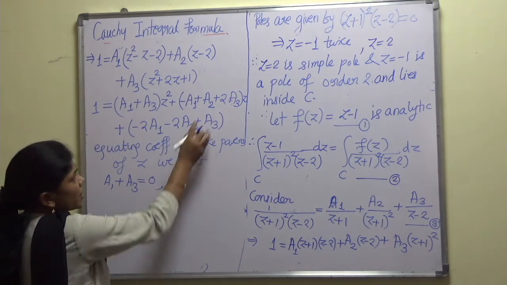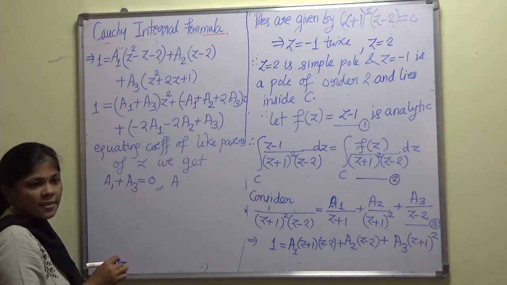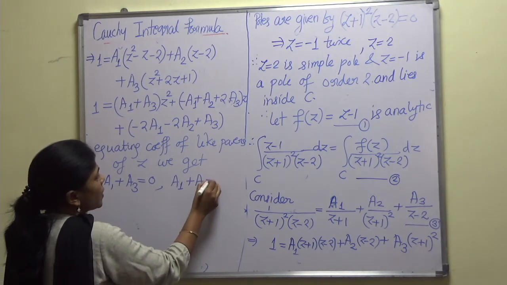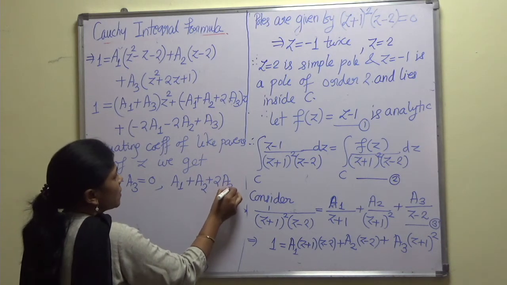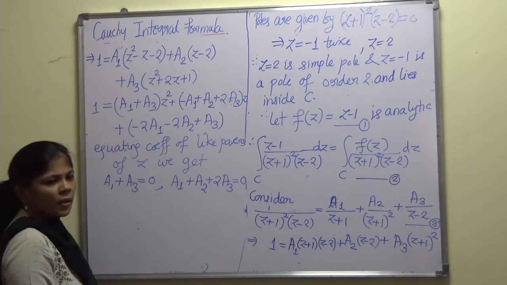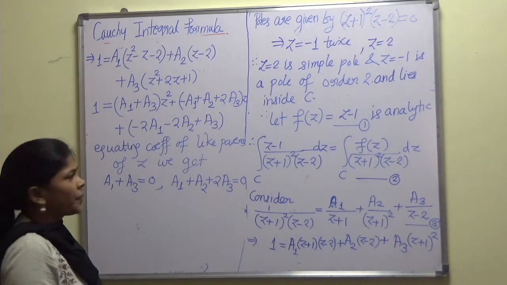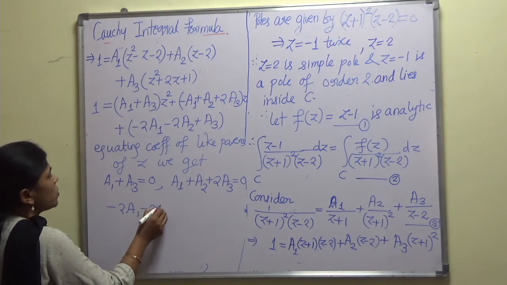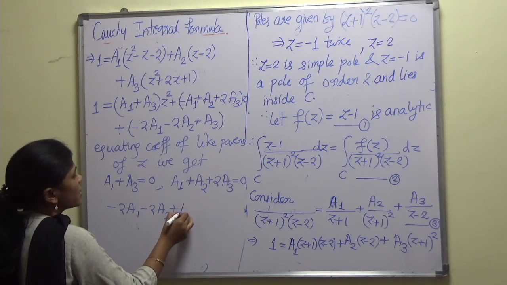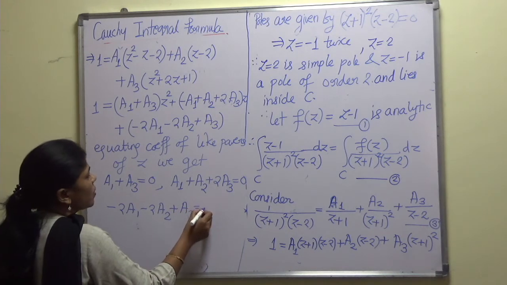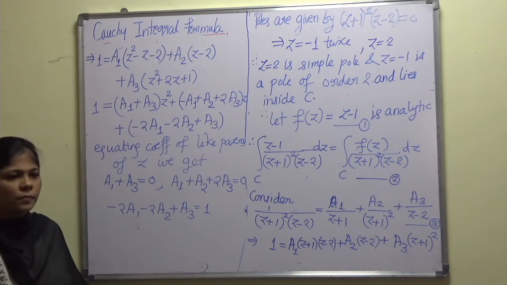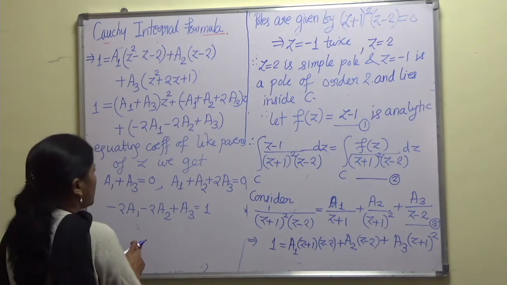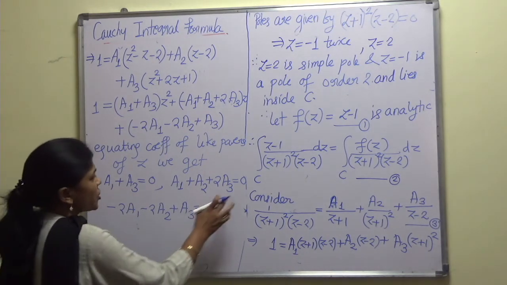Then coefficient of z again on the left hand side is missing, so that is minus a1 plus a2 plus 2a3 equal to 0. And then the constant term, so that is minus 2a1 minus 2a2 plus a3 equal to 1. Right, so like this we will simplify. See what we have after simplification.